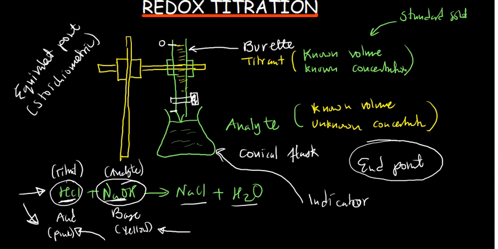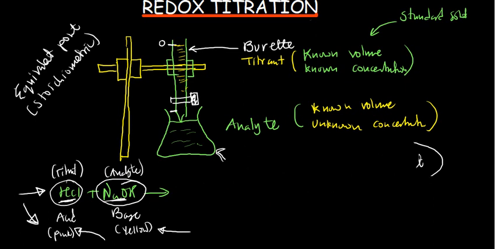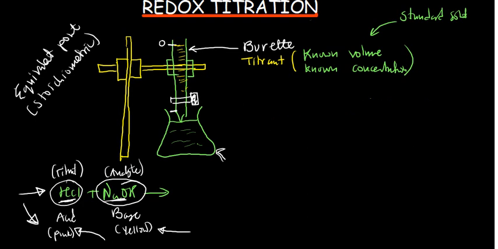Okay. Now, some indicators that you are able to use, let me give them and also their colors. I'm going to put the indicator here, its color in an acid and its color in a base. The common one, which you used in grade 12, is the litmus paper.